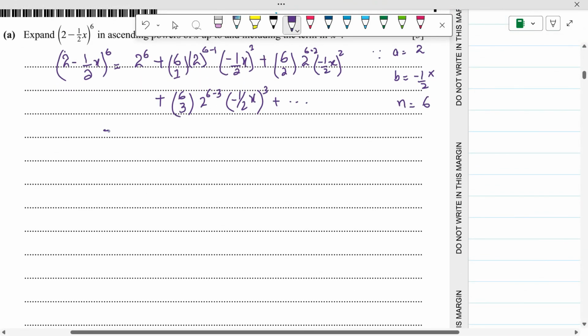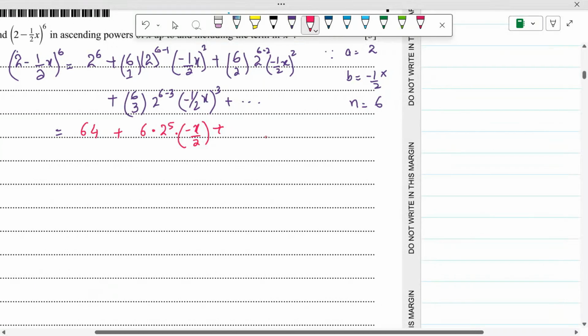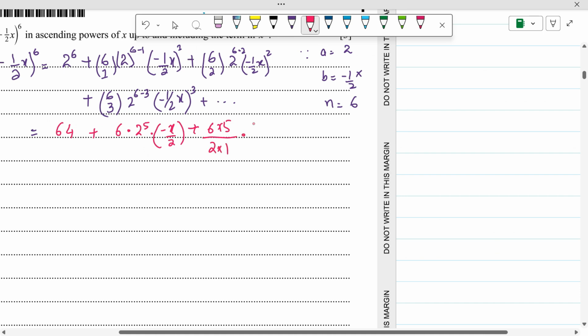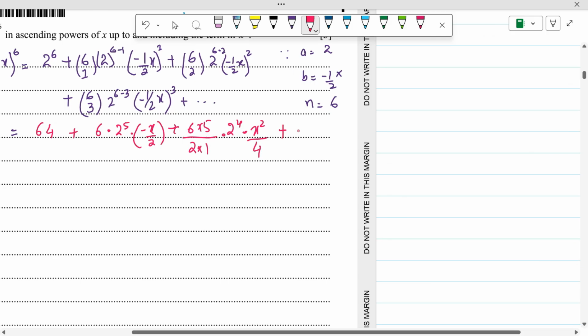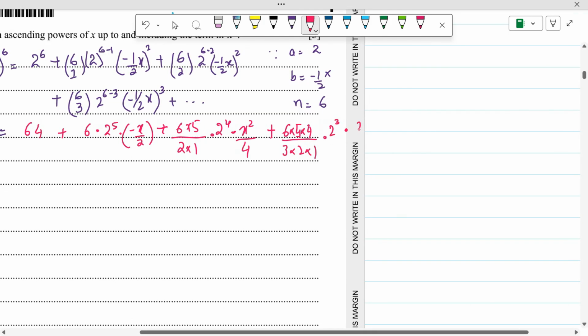Further solving, we will have 2 to the power of 6 is 64 plus 6C1 is 6 times 2 to the power of 5 times negative x over 2 plus 6C2 is 6 times 5 over 2 times 1 times 2 to the power of 4 times x square over 4. And the fourth term is 6 times 5 times 4 over 3 times 2 times 1 times 2 to the power of 3 times negative x cube over 2 to the power of 3.